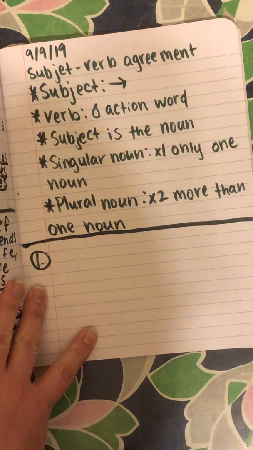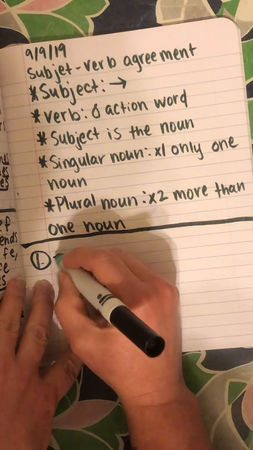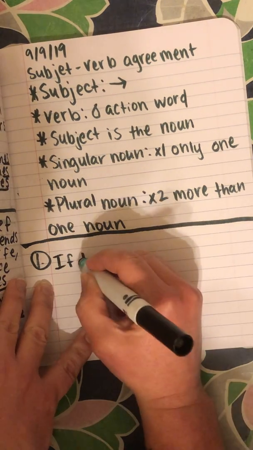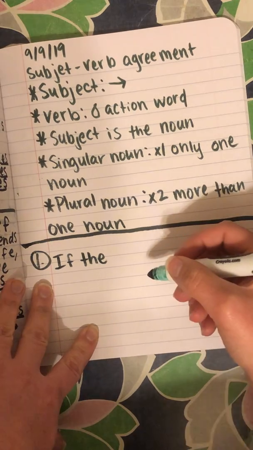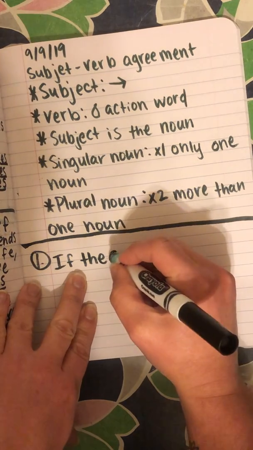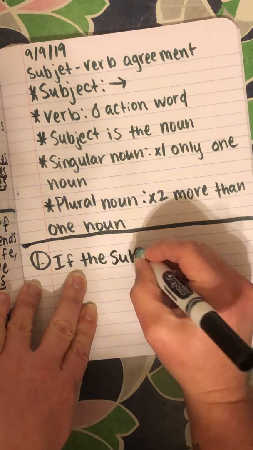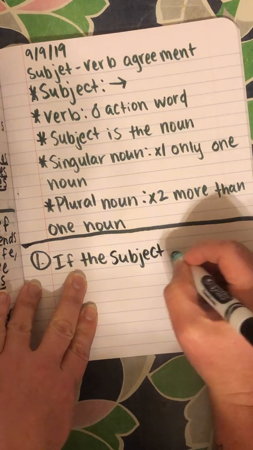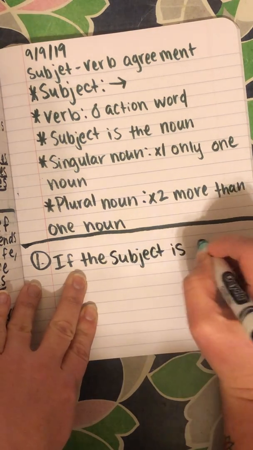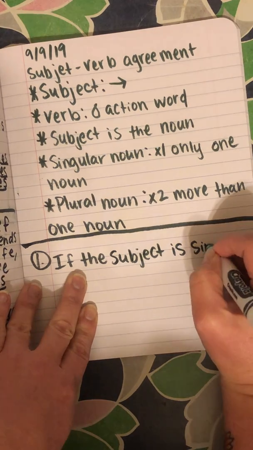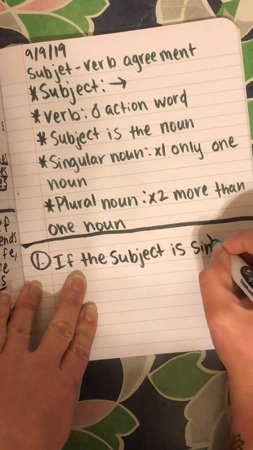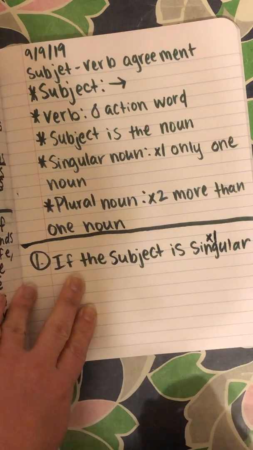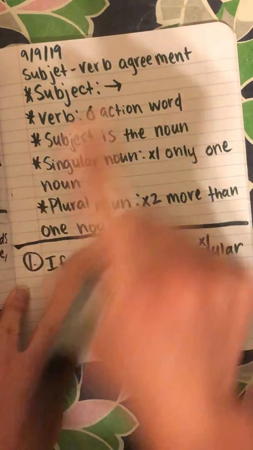Rule 1: if the subject is singular, meaning 1, so put times 1 over that so that you can remember singular means 1.